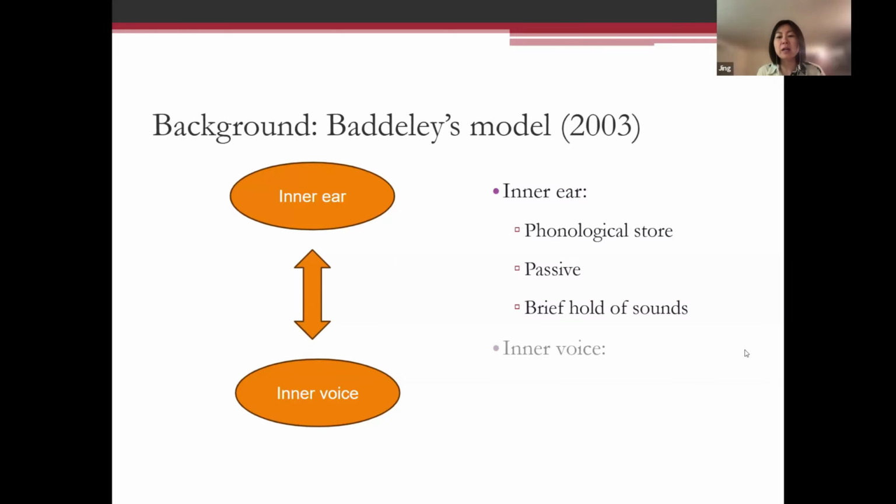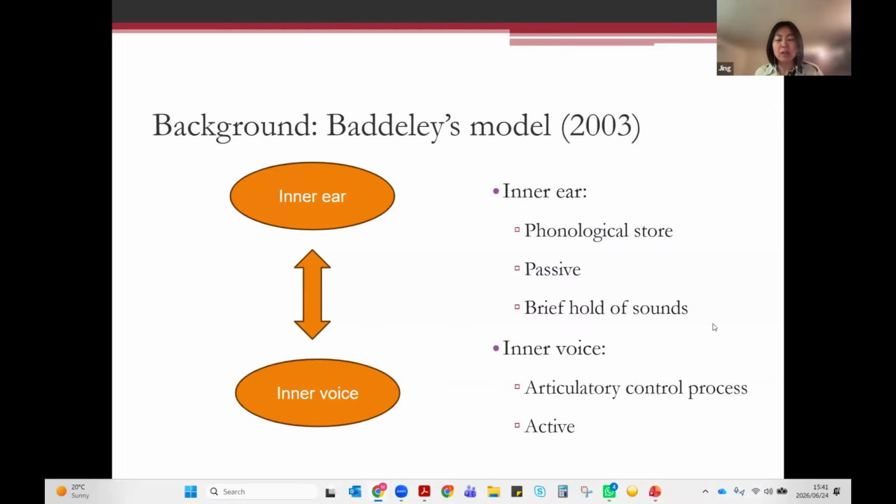It's the more active side of phonological working memory. It's about articulatory control process. And sometimes you use inner voice to do mental rehearsal. So you see the division of the roles: the inner ear is more passive, and the inner voice is more active, an active target of the phonological working memory.